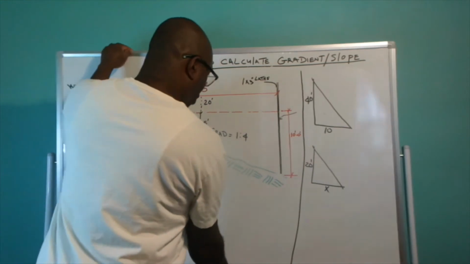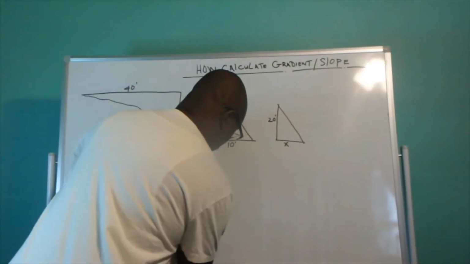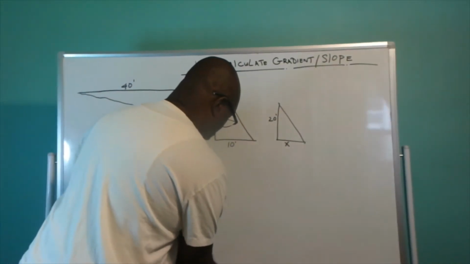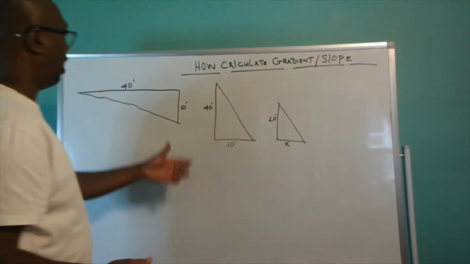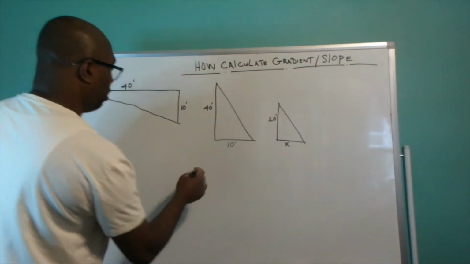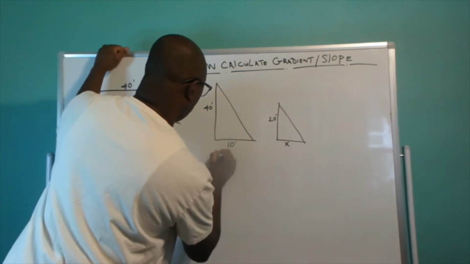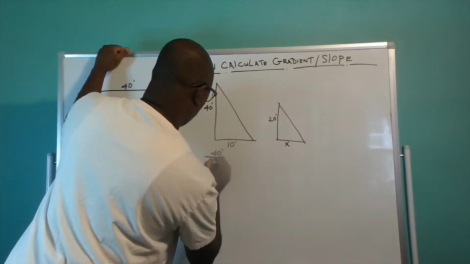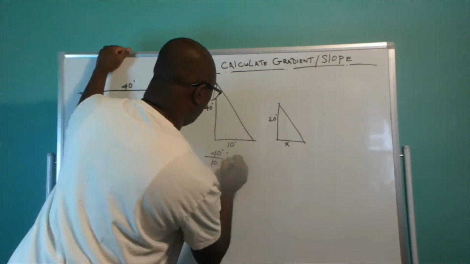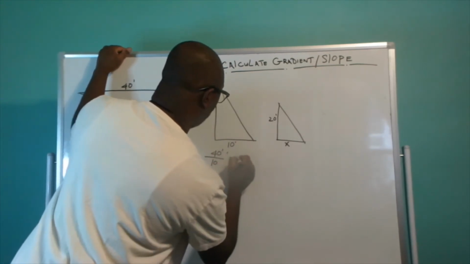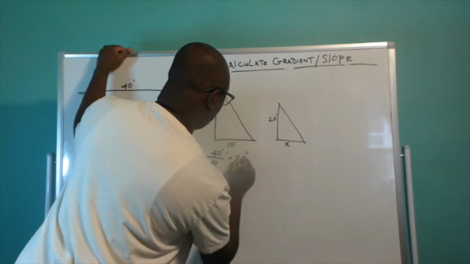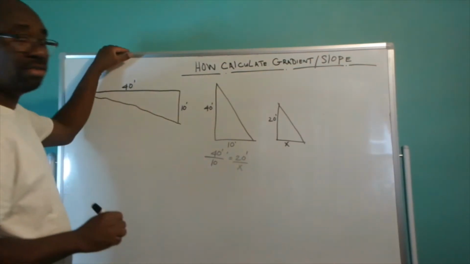So if you look at our calculation here, the big triangle, we have 40 feet over 10 feet, which equals the small triangle, which is 20 feet over x, right?